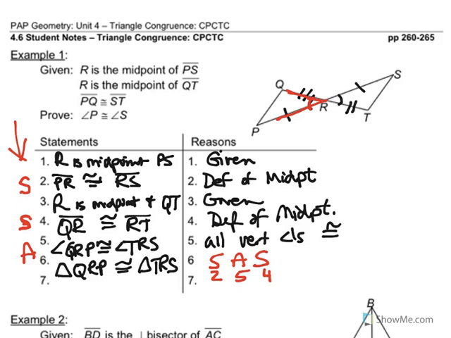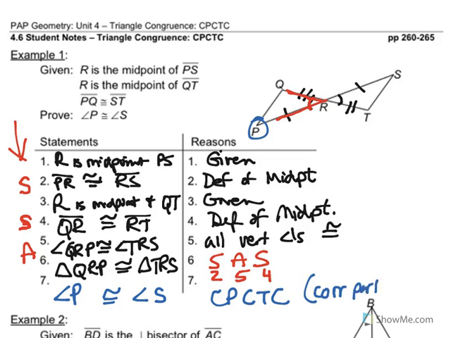Okay, so now we can go ahead and say angle P, this angle right here, angle P is congruent with angle S. And how do we know those two angles are congruent? By CPCTC. Corresponding parts of congruent triangles are congruent. Okay?